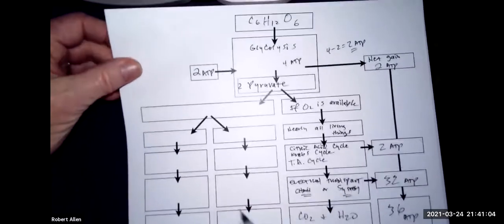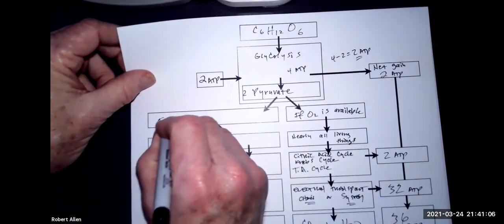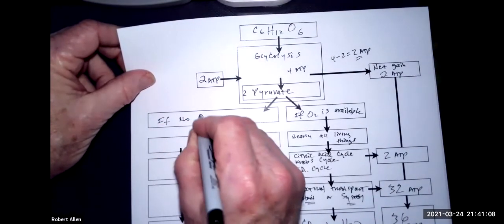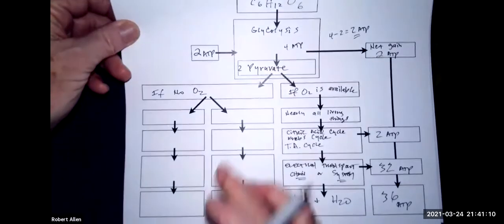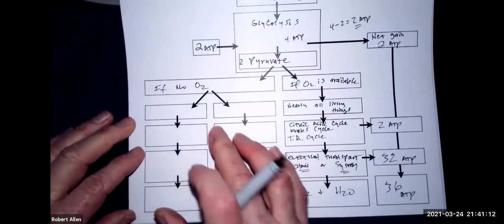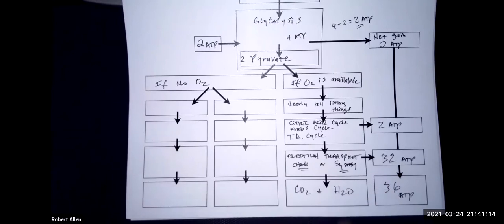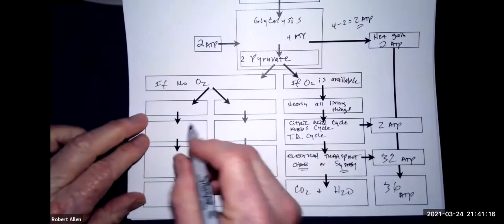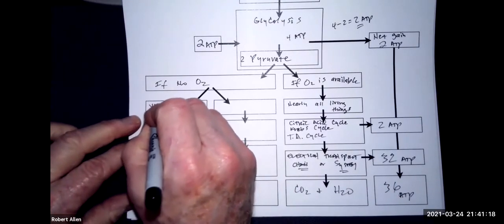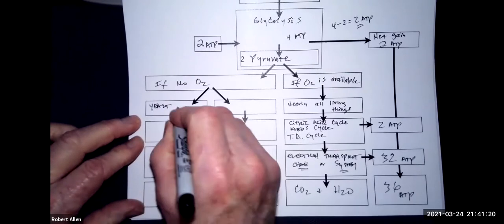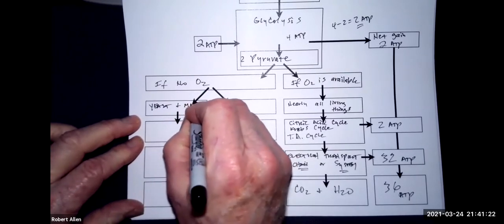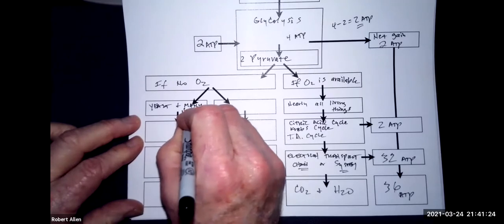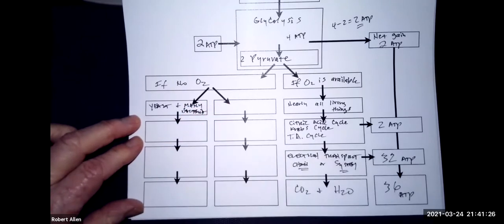What if it's not? So if no O2 is available, then what happens depends on what living thing we're talking about. So let's look at yeast and many bacteria, not all of them, but many bacteria do this.